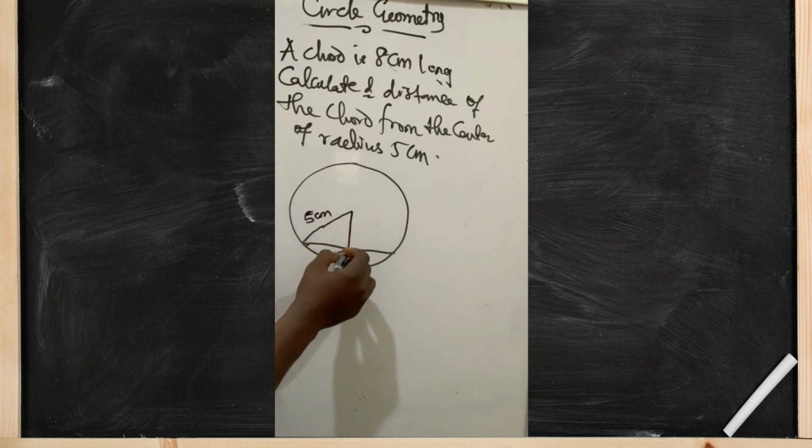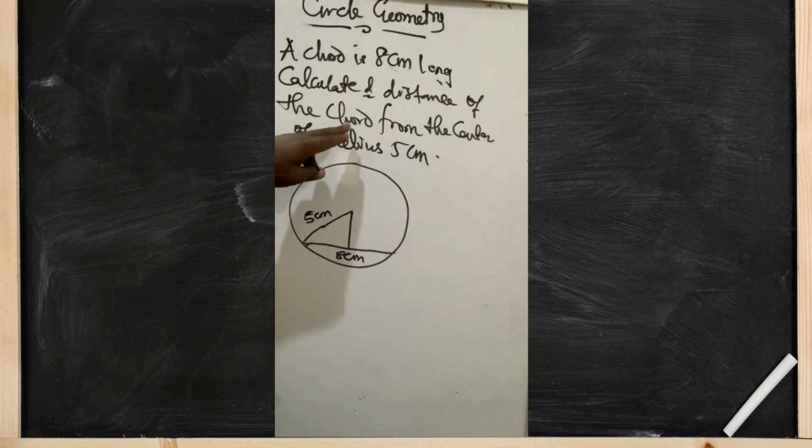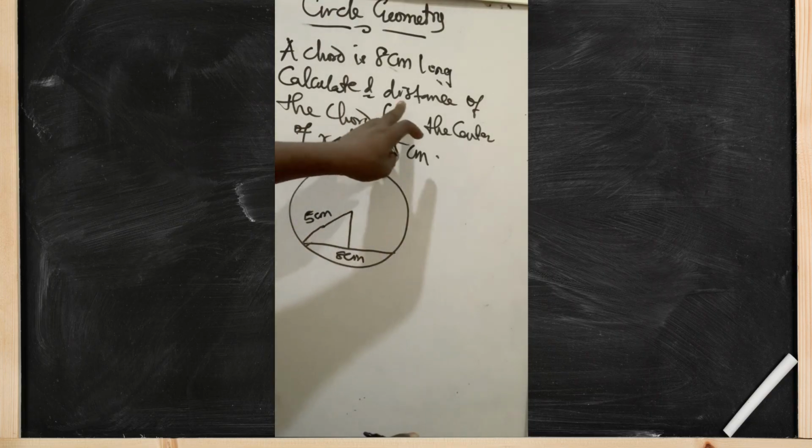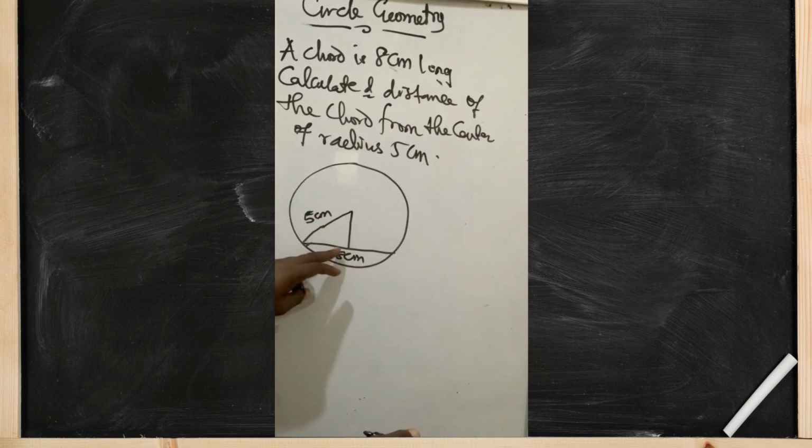And they're asking you to calculate the distance of the chord from the center, meaning we have to calculate for this. So how do you arrive at this?